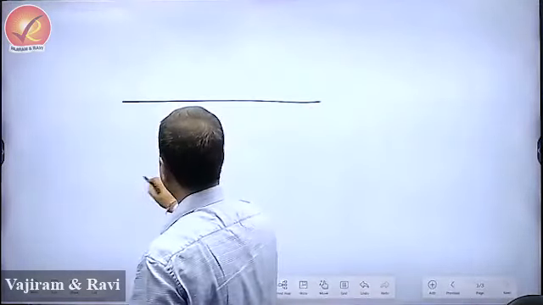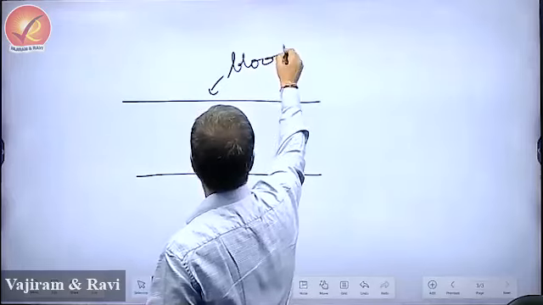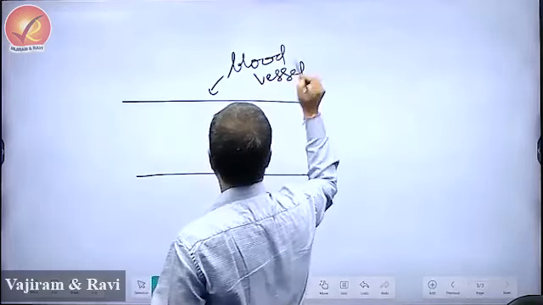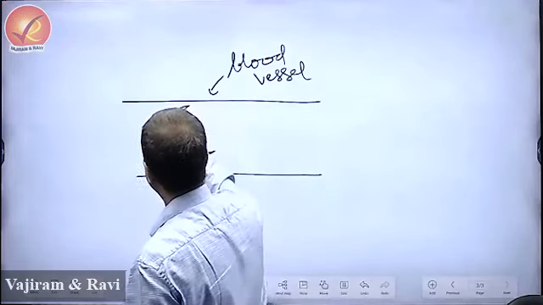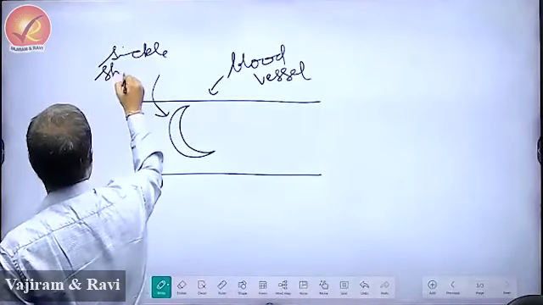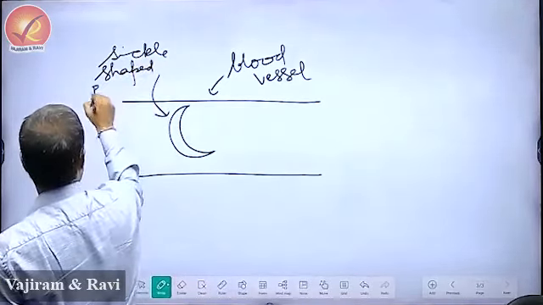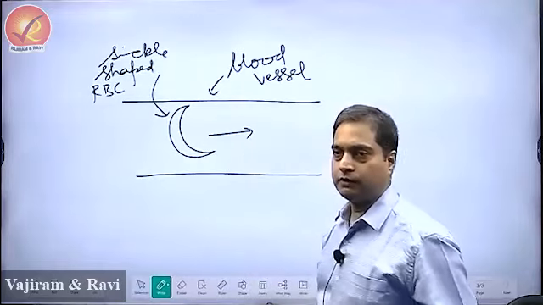Suppose this is the blood vessel and these sickle shaped RBCs are making their way forward, isn't it?